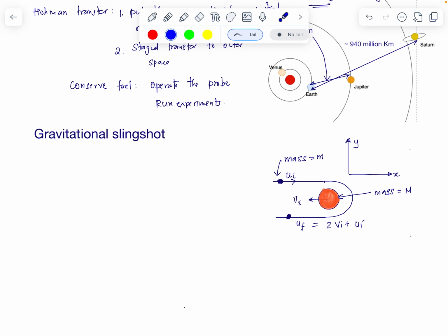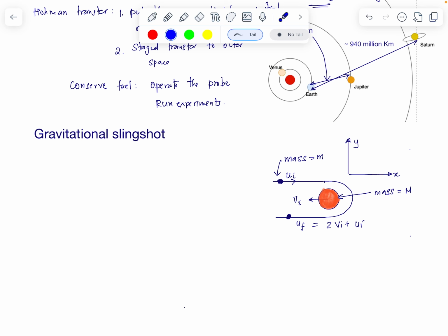So this can be done. But one of the important things here is that if you take the spacecraft and accelerate it too fast, then you will not be able to get it captured, right?